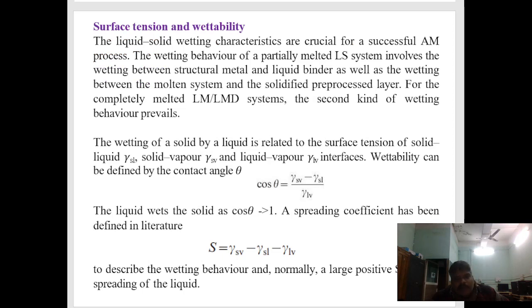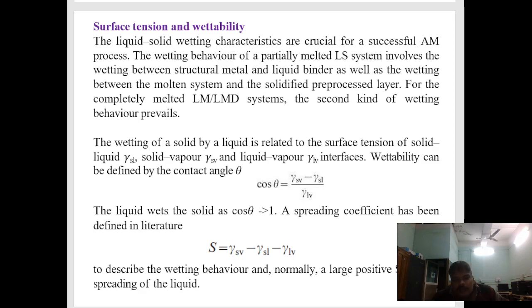Surface tension and wettability. The liquid-solid wetting characteristics are crucial for a successful additive manufacturing process. The wetting behavior of a partially melted liquid-solid system involves the wetting between structural metal and liquid binder as well as wetting between the molten system and the solidified pre-processed layer. For the completely melted LM-LMD system, the second kind of wetting behavior prevails.